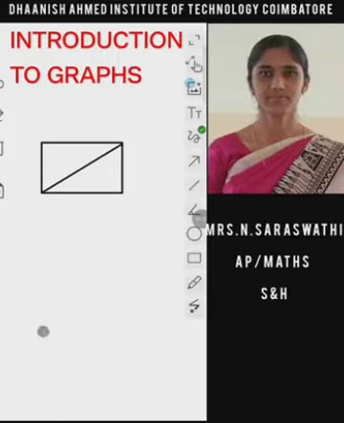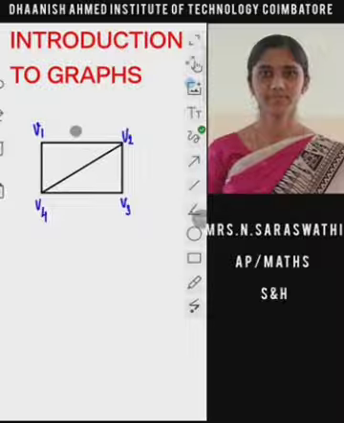Here we have 4 vertices, that is V1, V2, V3 and V4, and we have 5 edges E1, E2, E3, E4 and E5.